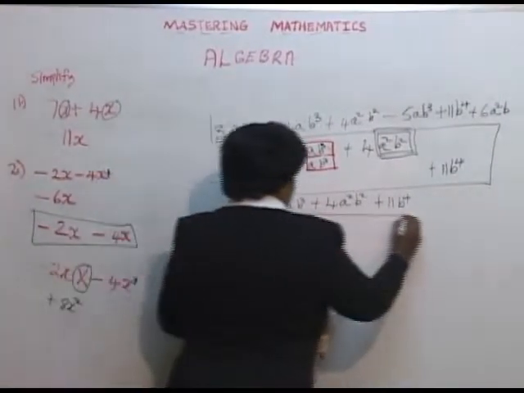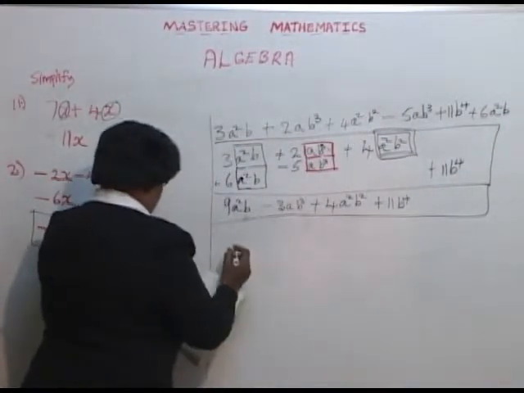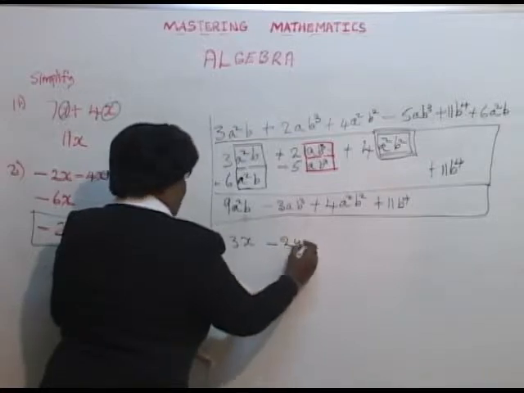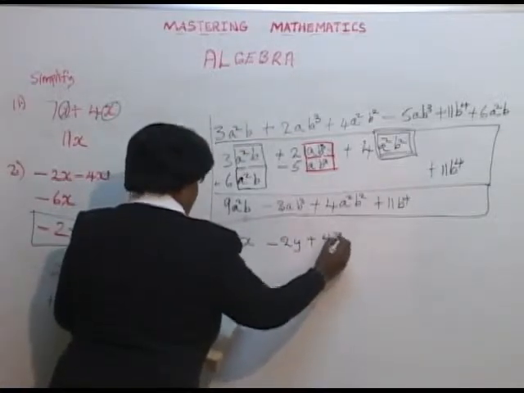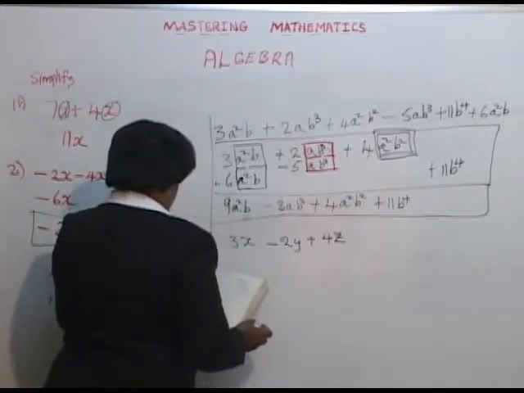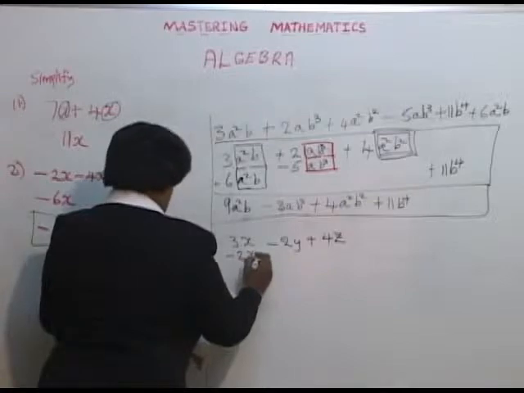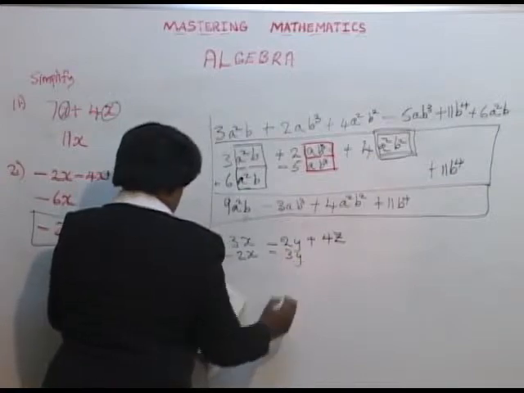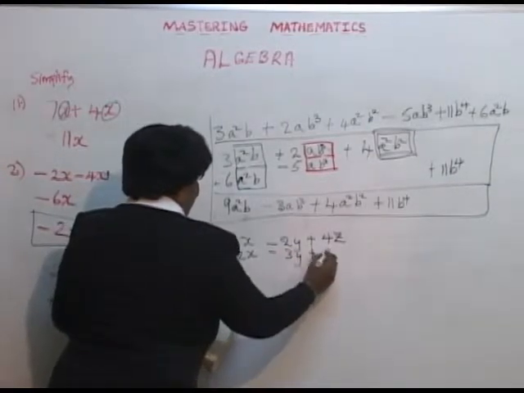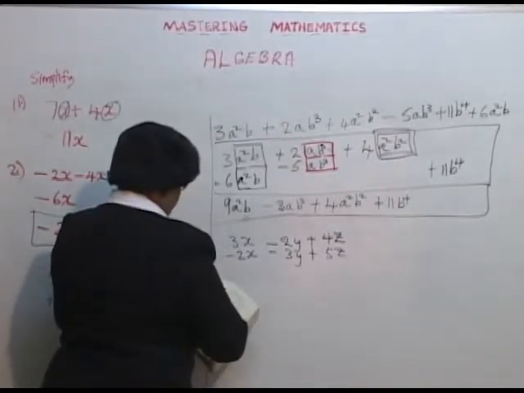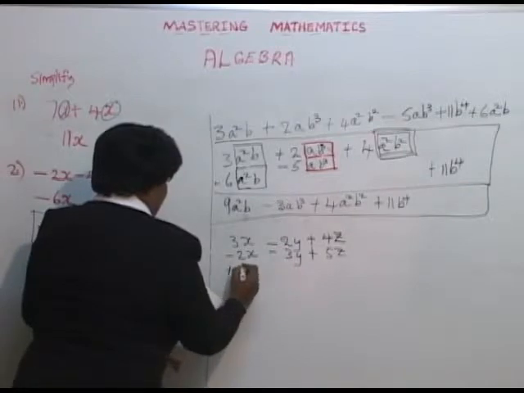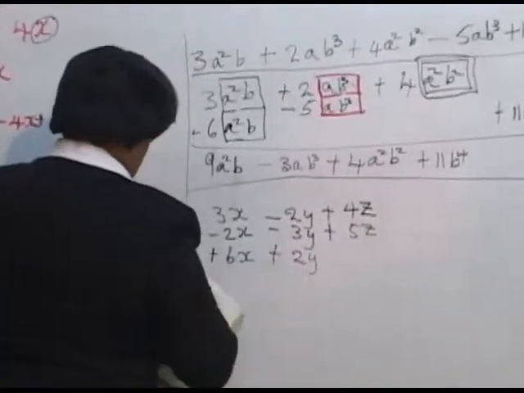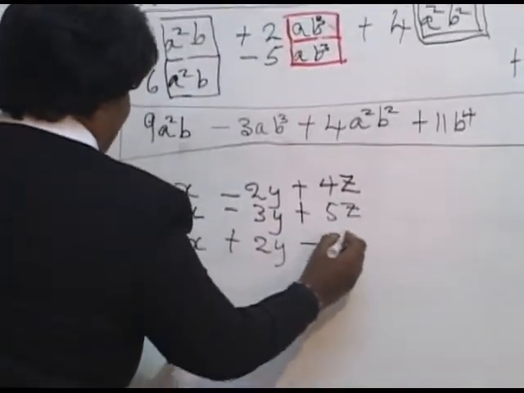So a second type, just to make certain that you're convinced that you can do it for yourself, it would have been 3x minus 2y plus 4z, and then we continue minus 2x and then minus 3y and plus 5z, and then we also have plus 6x and then plus 2y and minus 3z.